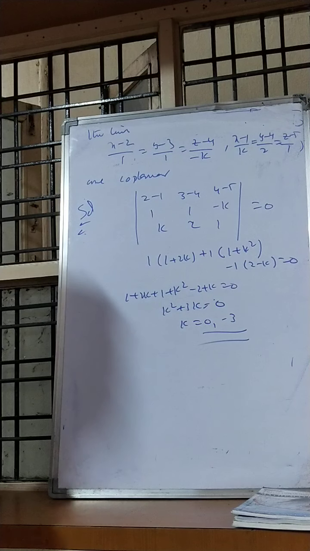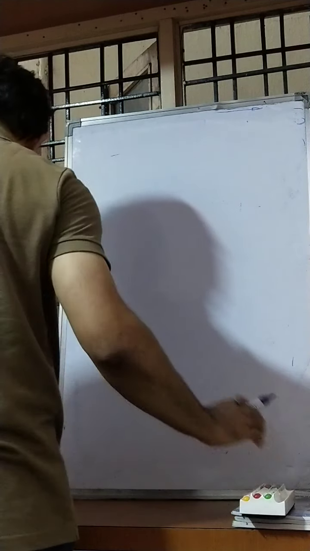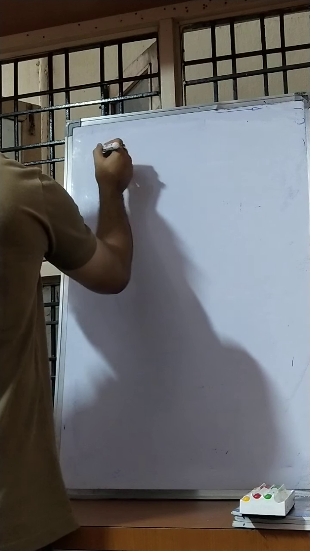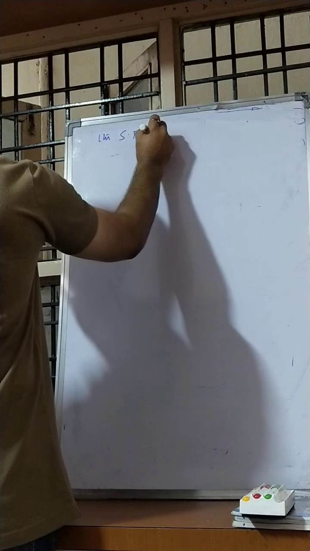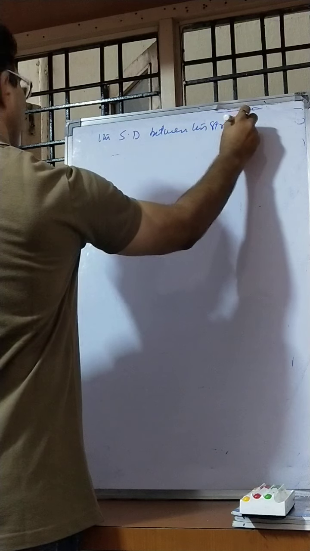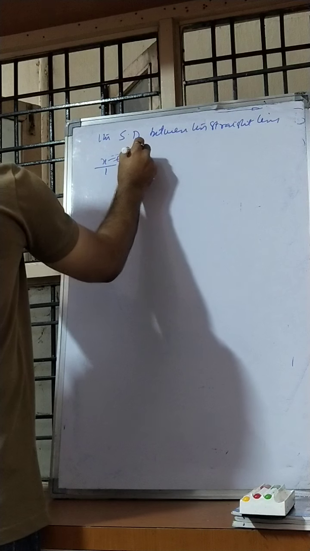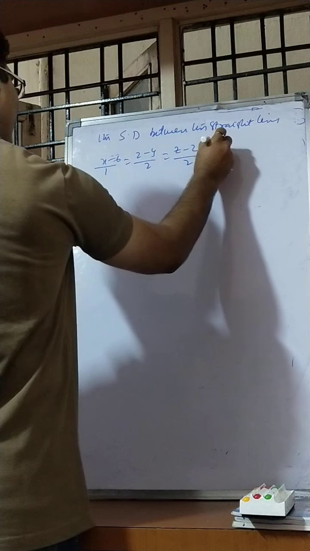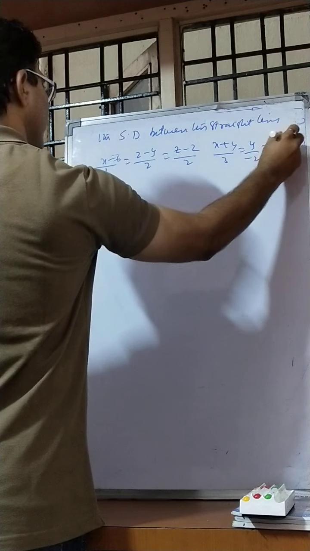Two more important questions are there, let me discuss them. Suppose they ask the shortest distance between the straight lines: x minus 6 by 1, 2 minus y by 2, z minus 2 by 2, and x plus 4 by 3, y by minus 2, 1 minus z by 2.